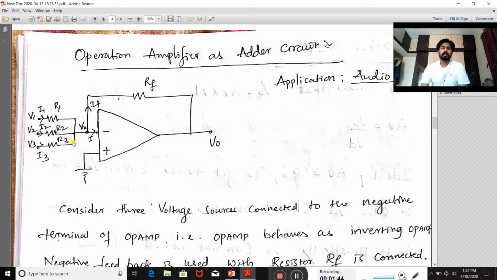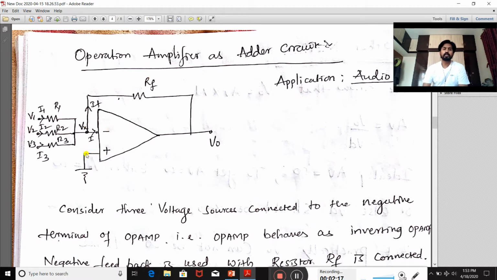So this is the circuit diagram of operational amplifier as an adder circuit. As we all know, addition is adding one or more quantities together to get the total output. So in this case, part of the output is fed back to the input of the op amp, to the negative terminal, hence negative feedback we have used here.